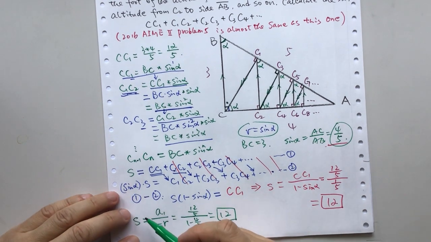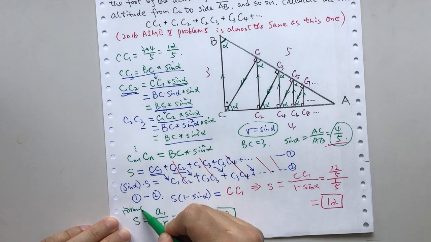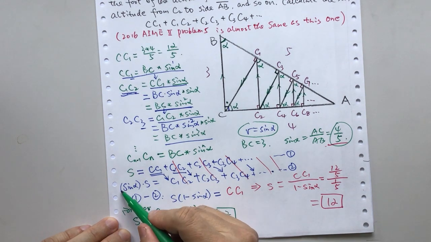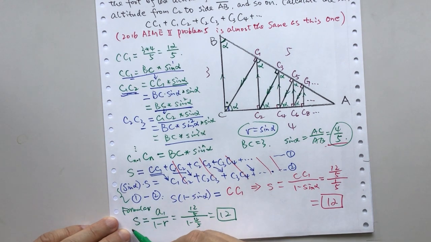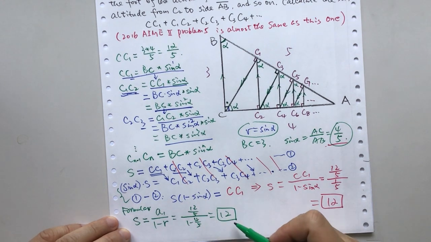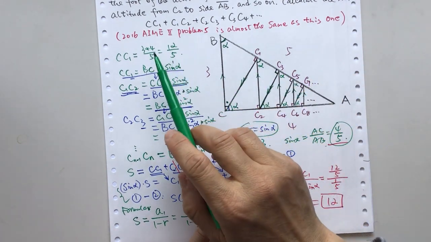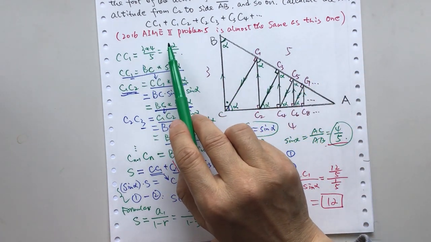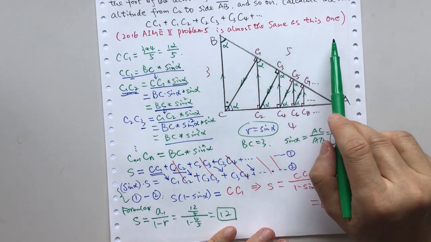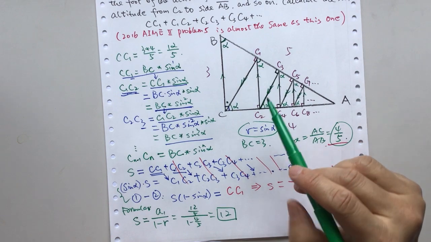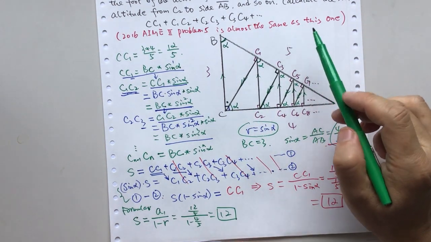Yes. If we are familiar with this formula, we don't need to go through this process, just directly use the formula to get the final result. And I just want to say AIME 12 problem of 2016 is almost the same as this one. So we can use the same idea to solve this AIME problem.